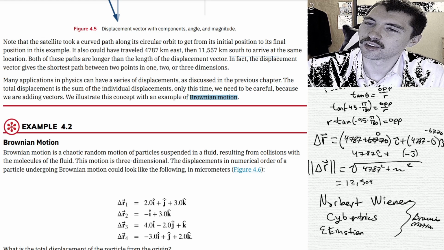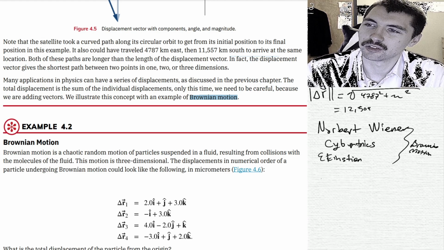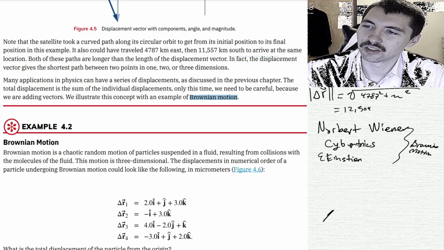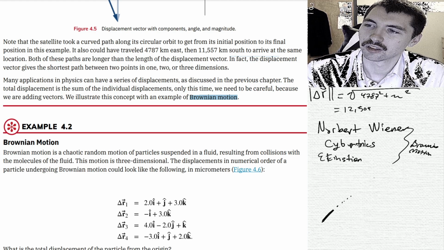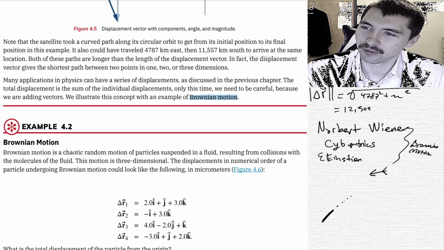So the mathematics for Brownian motion can basically be applied to, let's say you have a turret that fires at an airplane, and you have a human operator looking through a sight glass.